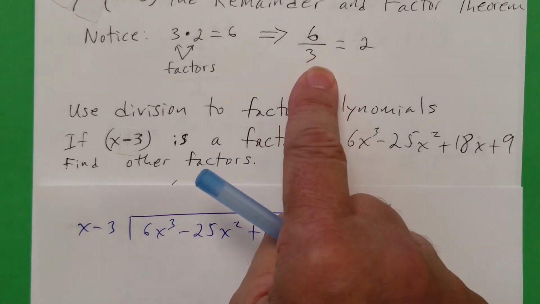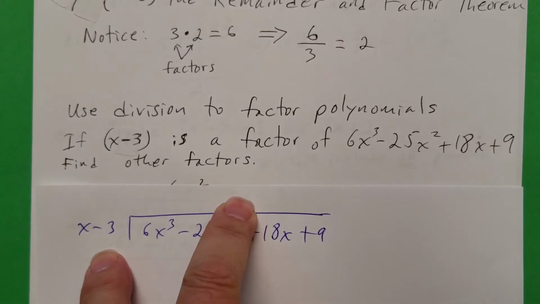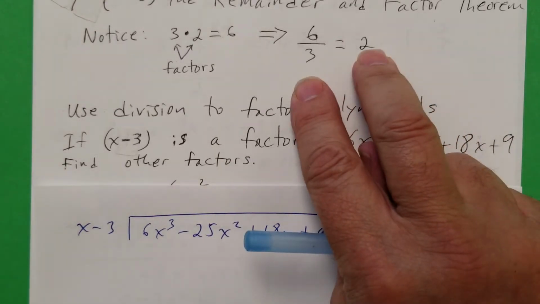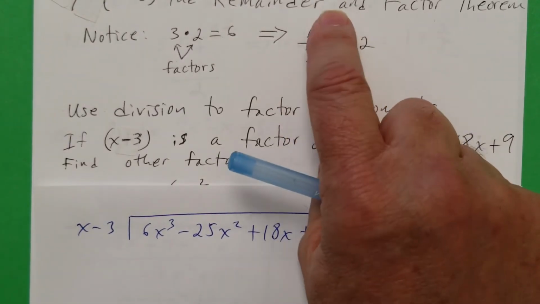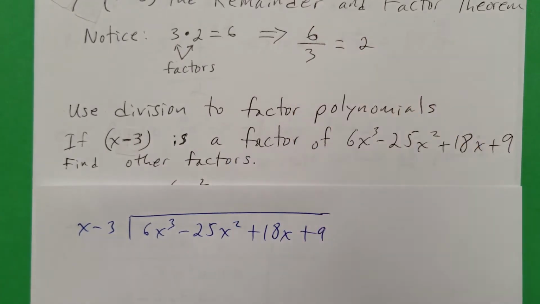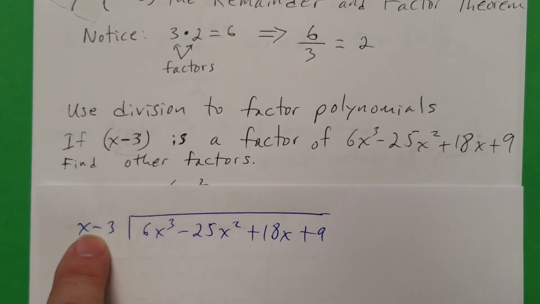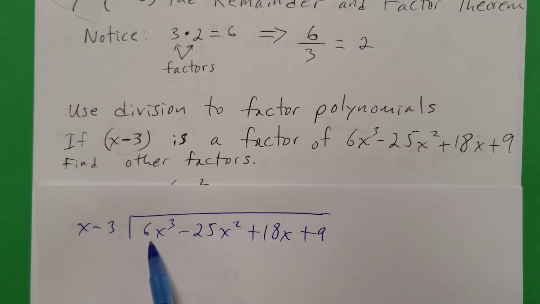Remember what we did up here? So this times this equals this. Those two things will be factors. I took the big number divided by one of the little numbers, and I got the other little number. Okay, same thing with algebra here. One thing you got to remember is when we divide, we really don't divide both of them into here, just the first one. First one into here, answer, multiply, first one into here, and so on.